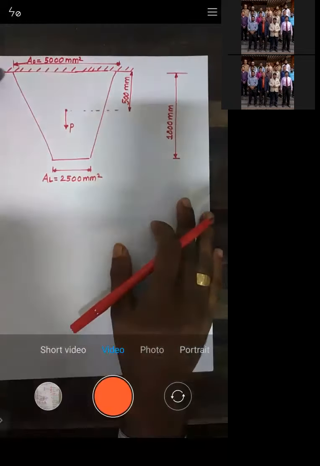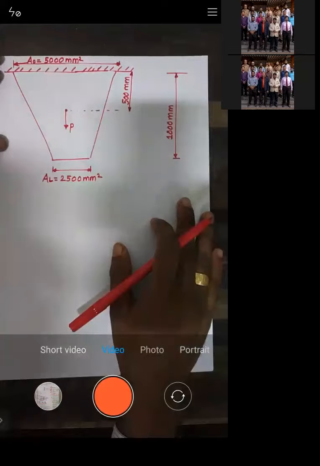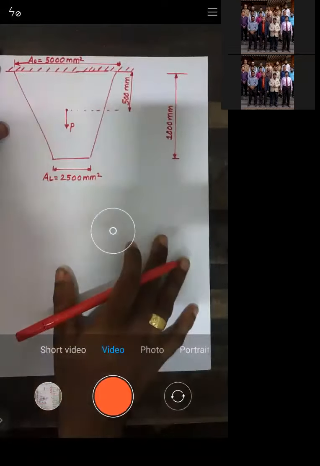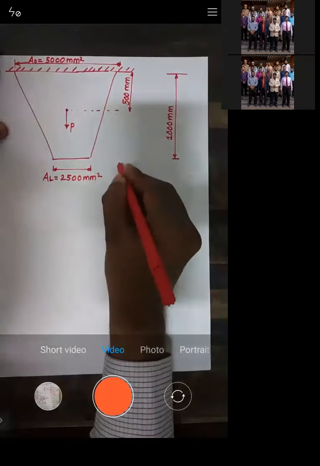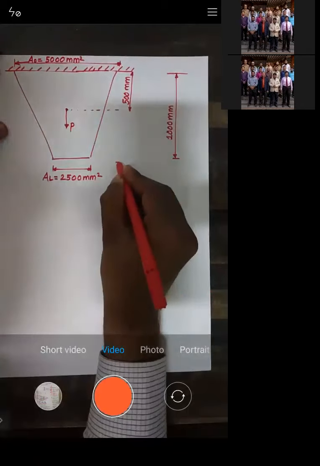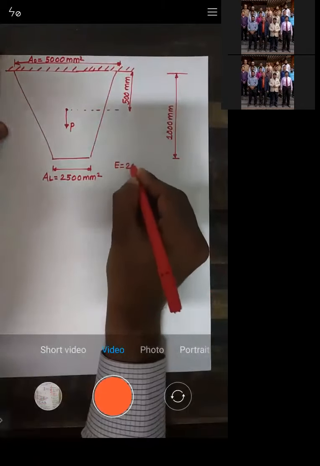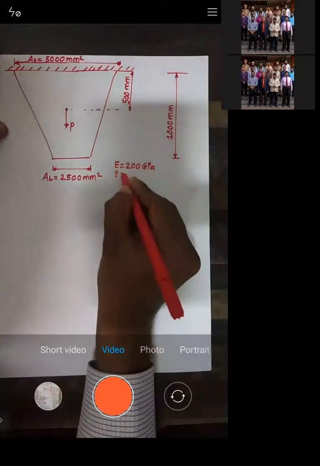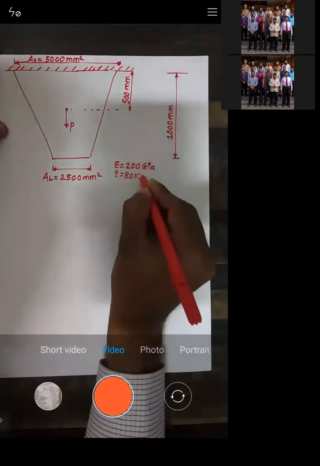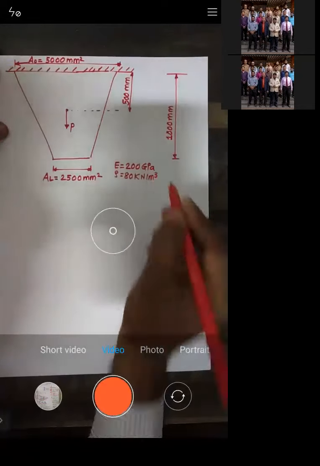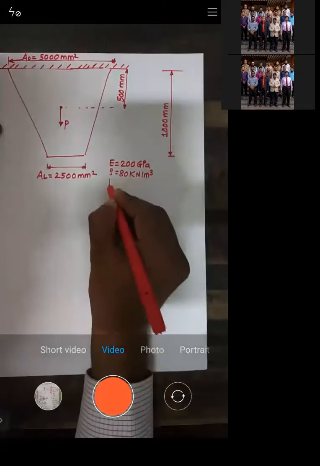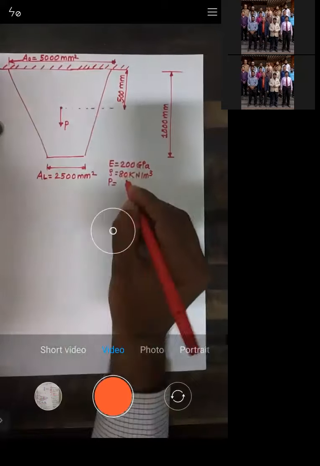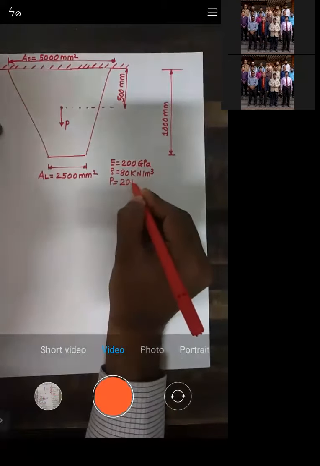Now they have given that this structure is made of a material with E as 200 gigapascal, with density 80 kilonewton per meter cube, and the load which is applied is 20 kilonewton.